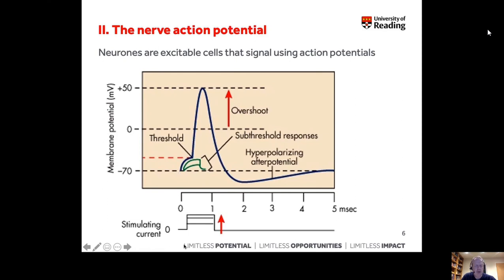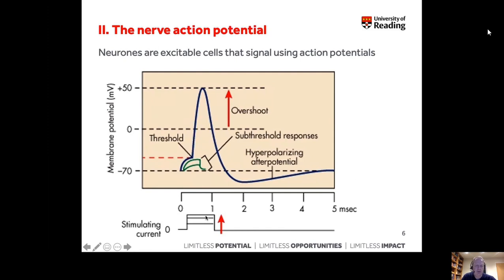If we inject some stimulating current, eventually, if we inject enough current, something happens. Maybe this lower bar here corresponds to this first green measurement, the first green potential, and this second bar to the second green potential. Neither of these green potentials has amplified into a full action potential.